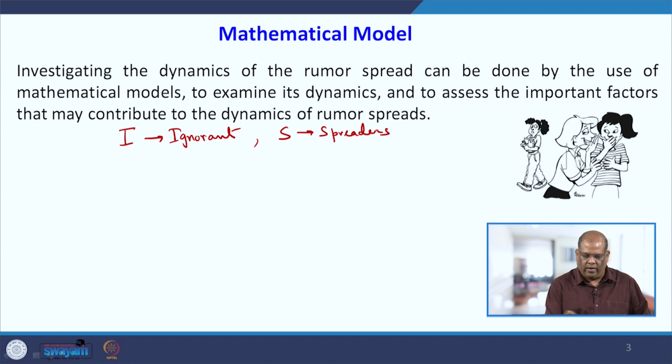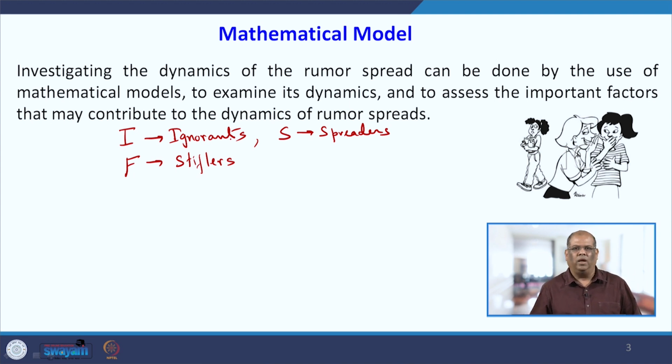And the third category, we name it stifler. Stiflers are those who already know the rumor, but somehow they lost interest in spreading it.